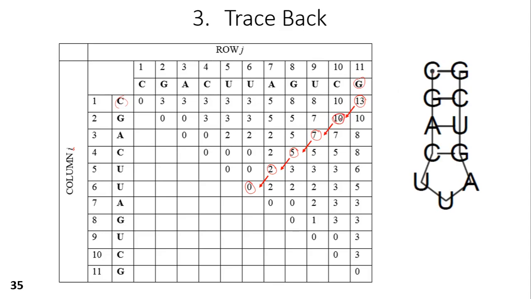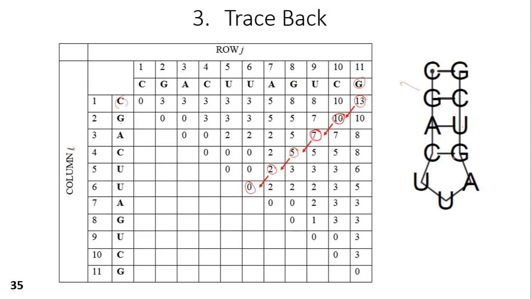This 10 corresponds to the subsequent base pairing of C with G. Therefore, C is base paired with G over here. Then we ended up adding 7 in our traceback. This 7 corresponds to base pairing of U with A. Then we move on diagonally down, ended up at a value of 5 that corresponds to base pairing of G with C.